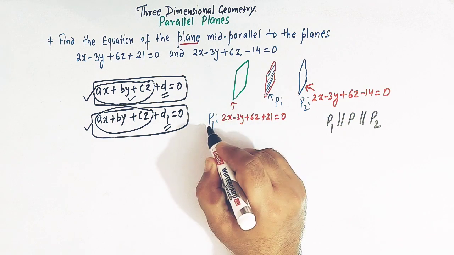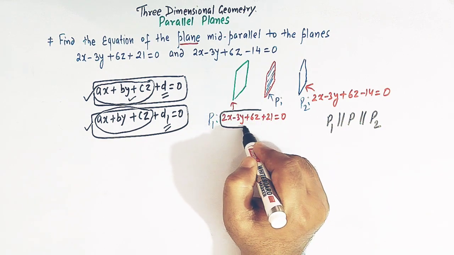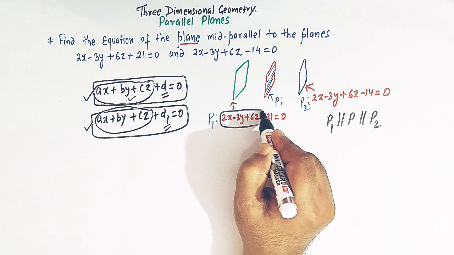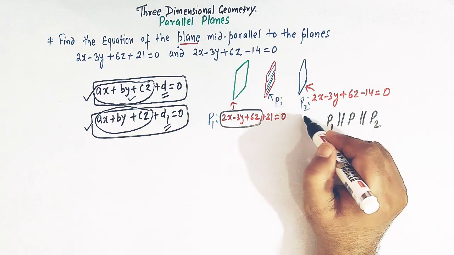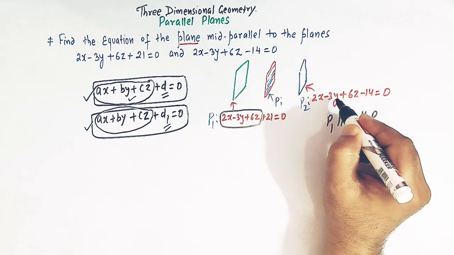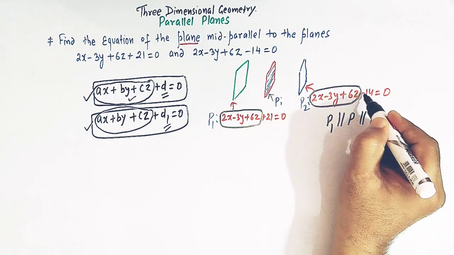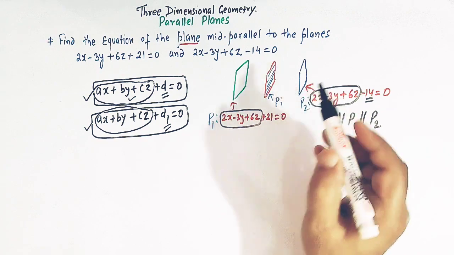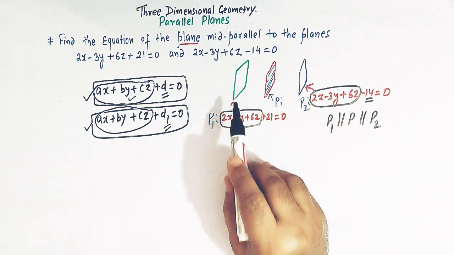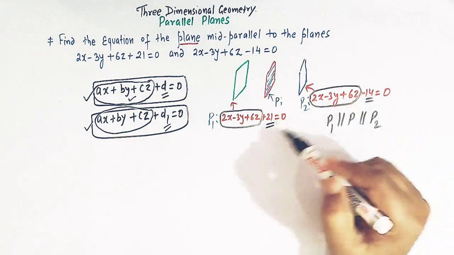So now see, the equation of plane P1 is 2x minus 3y plus 6z plus 21 is equal to 0. And the equation of the plane P2 is 2x minus 3y plus 6z, and here we have minus 14, right? So these two planes are parallel, so the equation of these two planes differ only in the constant term, right?